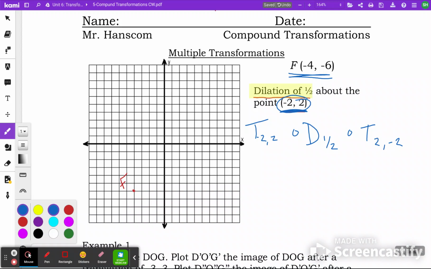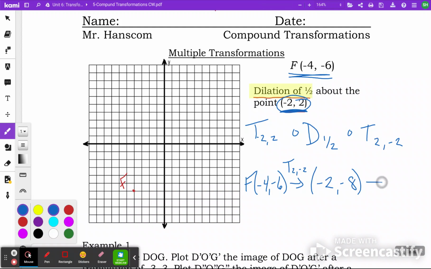So we are going to take point F, which was (-4, -6), and first complete that translation of (2, -2), because that point will also shift along with the center of dilation. That is going to temporarily become (-2, -8), because according to our translations, we add the values to the x and y respectively.